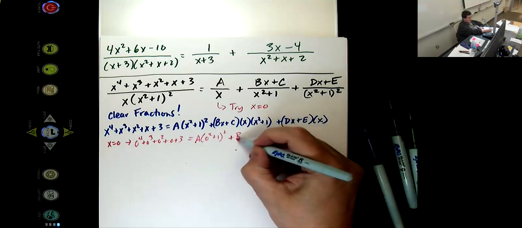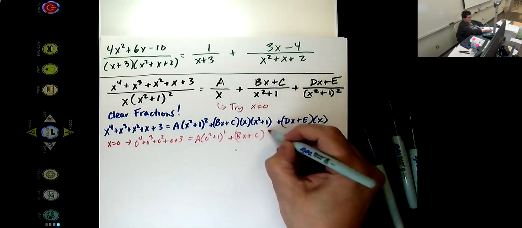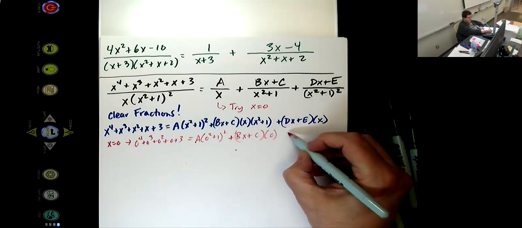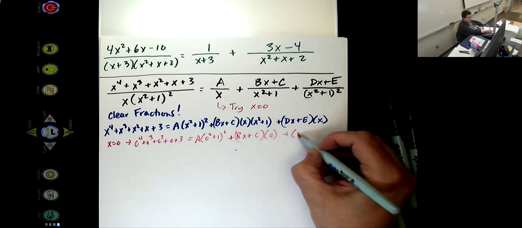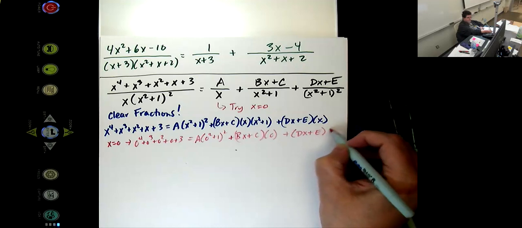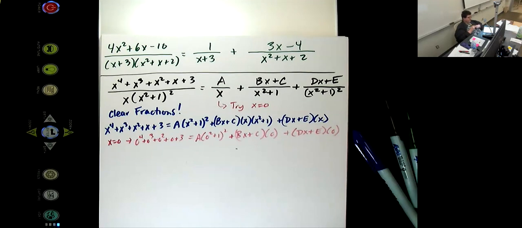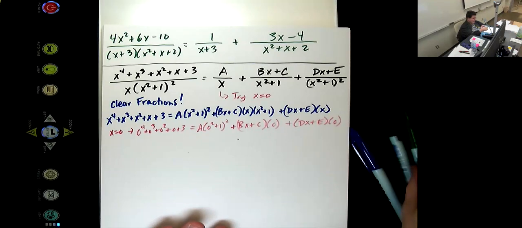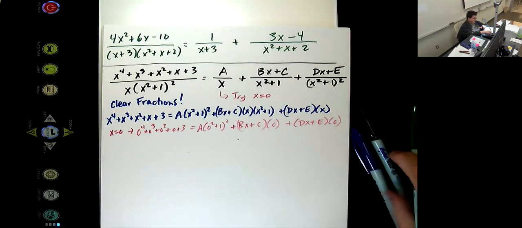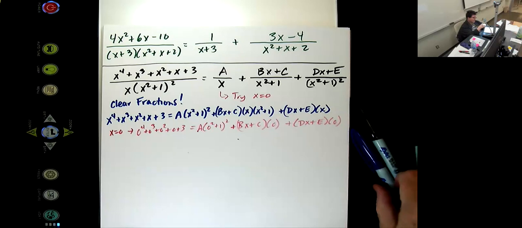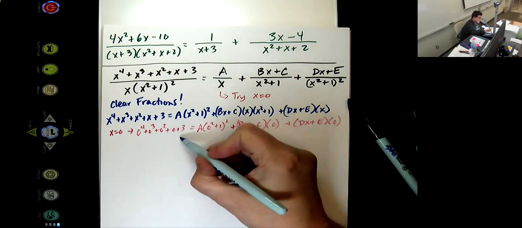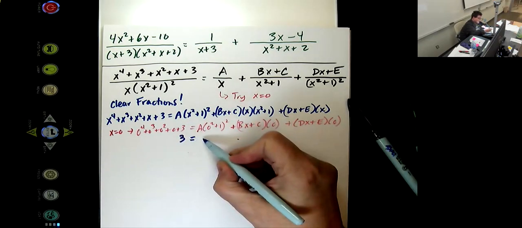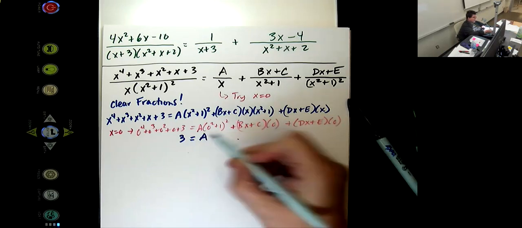And the bx plus c gets multiplied by a 0. And the dx plus e gets multiplied by a 0. And I move that along. And all that's left over here is 3. And all that's left here is a times 1 squared, which is just a.